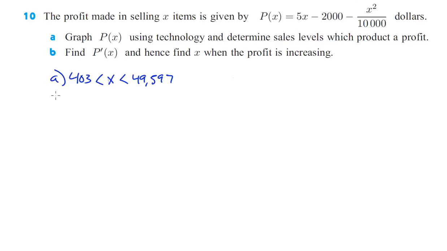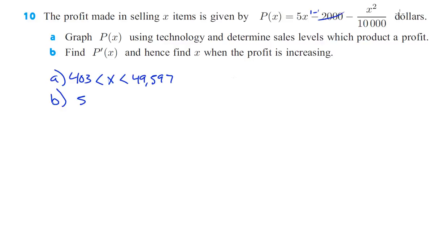Okay, find the derivative of the function and find x when the profit is increasing. All right, so let's find the derivative of this. So that's x to the first, so 1 times 5 is 5x to the, minus 1 is 0, so that's really just 5, right? Okay.